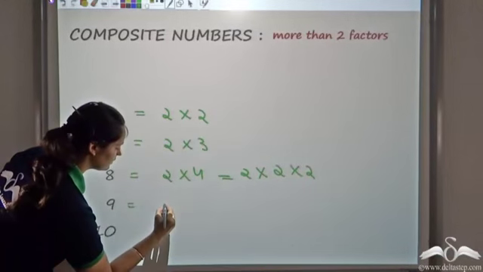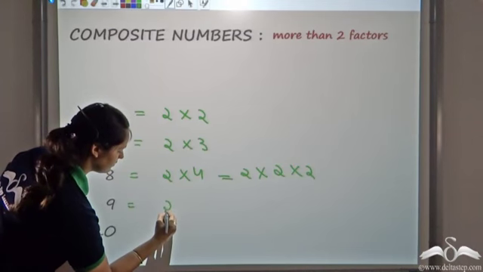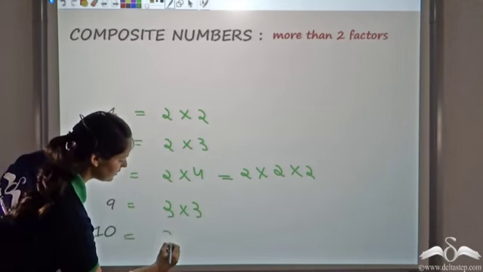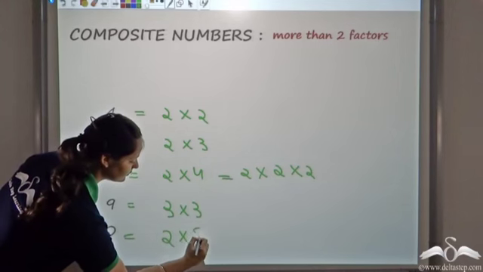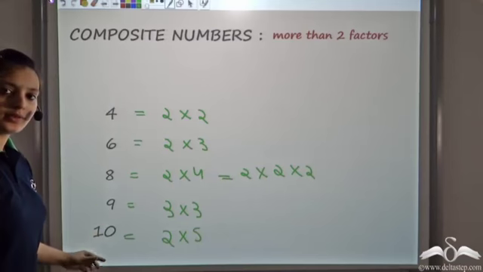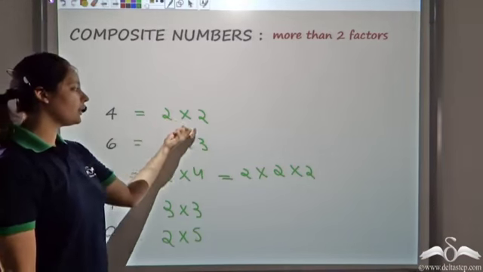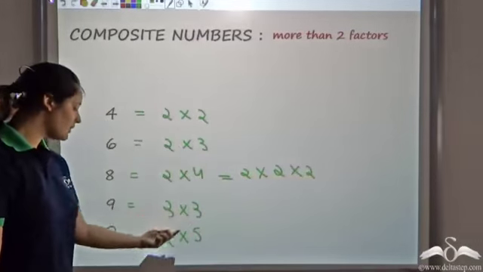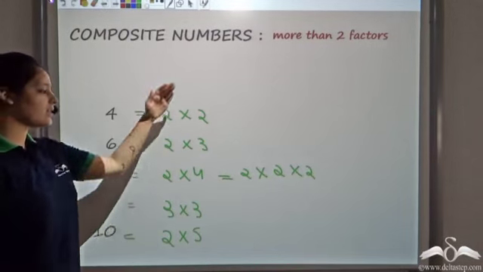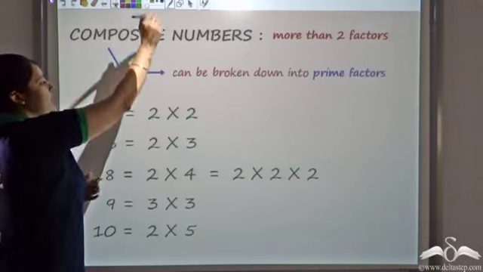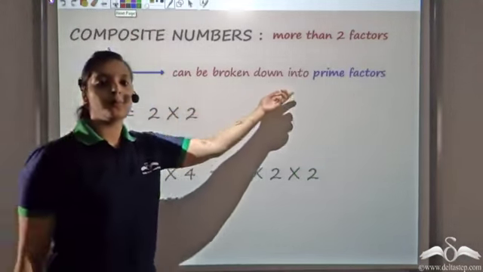Again, 9 is 3 into 3, and 10 is 2 into 5. What I see is that each of these composite numbers can be written as a product of prime numbers. So these are all prime numbers. I write a composite number as a product of prime numbers. So every composite number can be broken down into prime numbers.